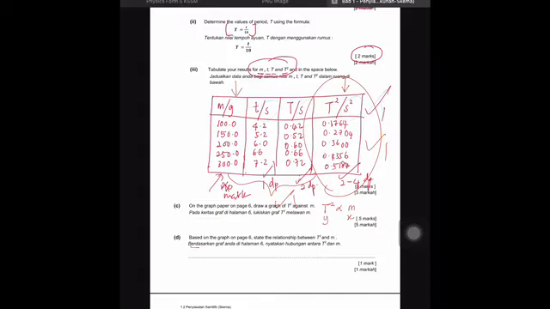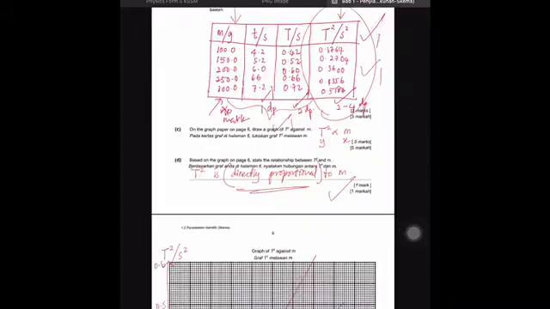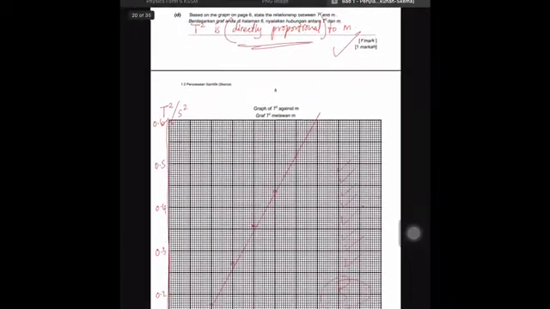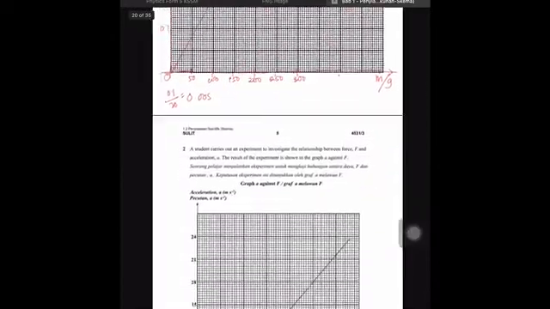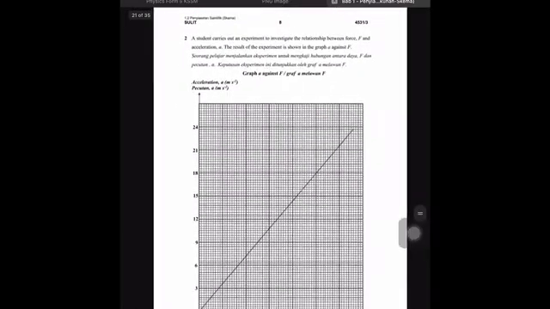So t square is directly proportional to m. So 1 mark. This one you must remember the correct keyword, based on the shape. Clear? Next question, question number 2.